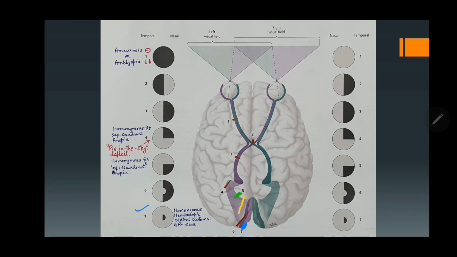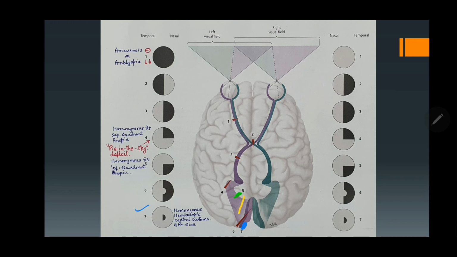This injury can happen if there is a bang to your skull in an RTA, right? If your head bangs on the forehead. Remember, I told you, if there is a forehead injury, your occipital lobe will bang upon the occipital bone.